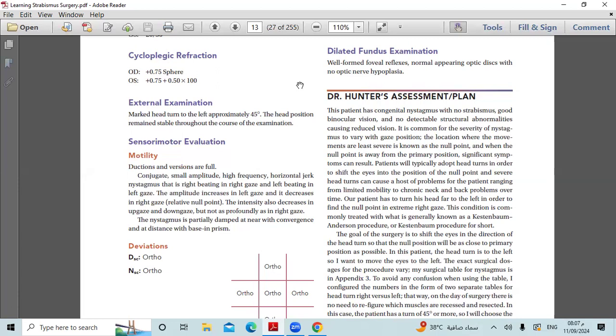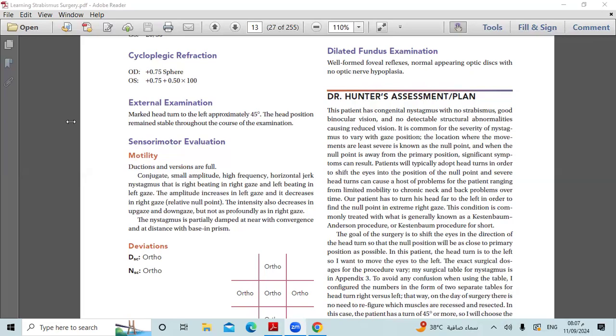This is the first thing. Another thing, sometimes nystagmus is associated with squint, sometimes with esotropia or exotropia. You should also mention the extraocular motility, whether it is free or if there is a limitation.